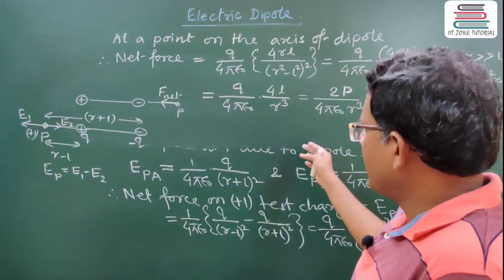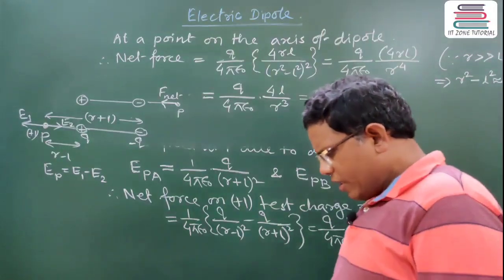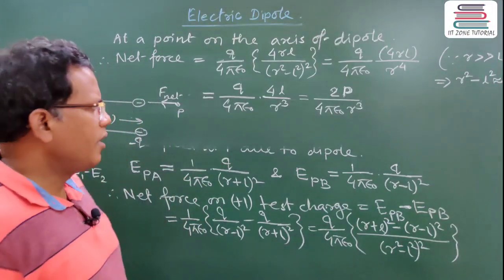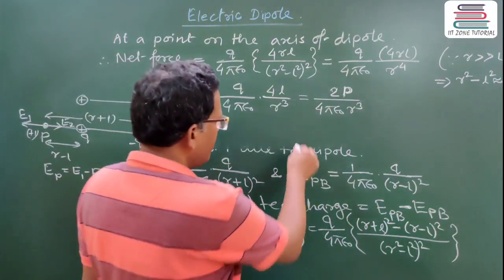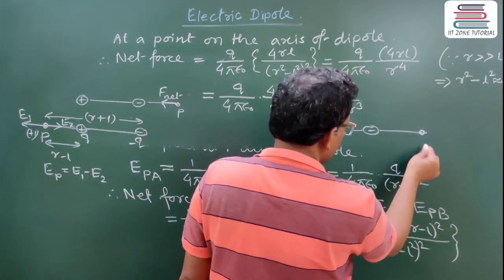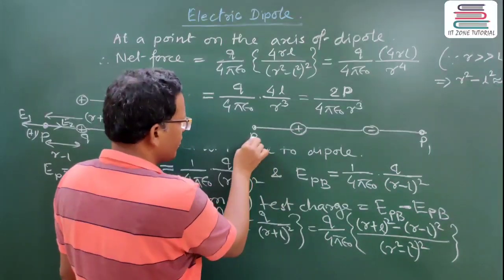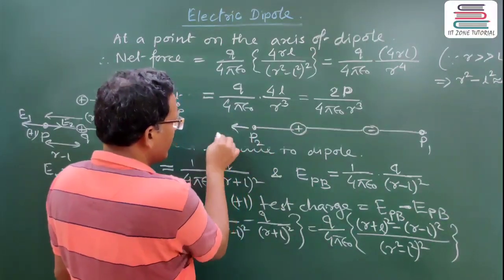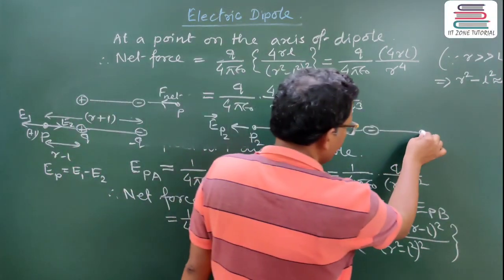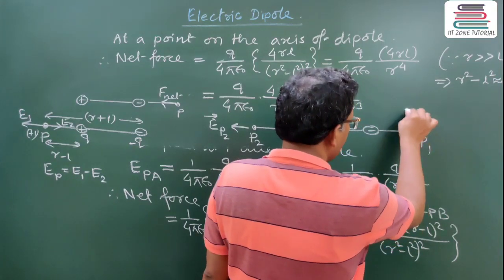In the previous case we found it is towards the negative charge. That means one thing is common about the direction of the net force. Either you take the point somewhere at this position, let it be P1, or if you discuss the electric field somewhere at P2, you will see that the electric field at P2 will be this way, and at P1 this way.